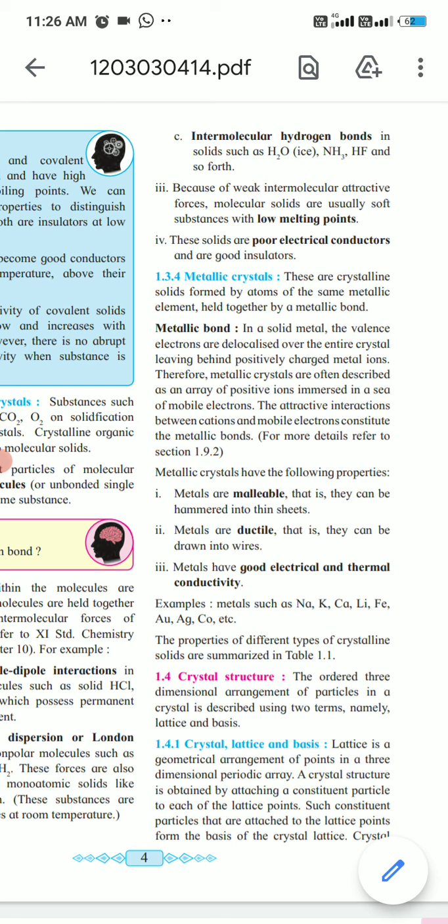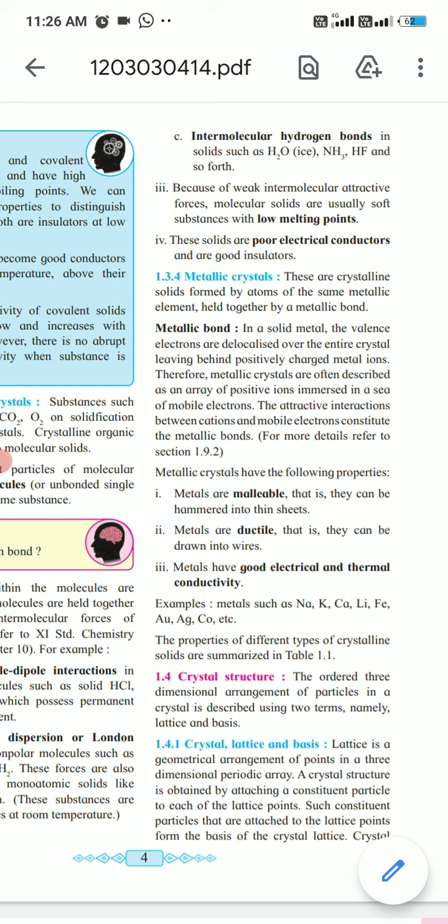Metallic crystals have the following properties. First, metals are malleable, that is, they can be hammered into thin sheets. Second point, metals are ductile, that is, they can be drawn into wires.